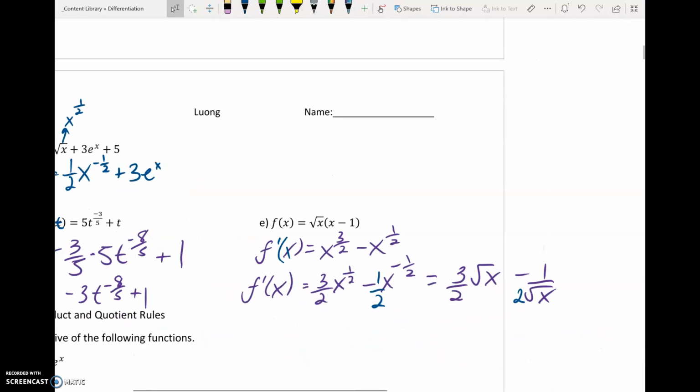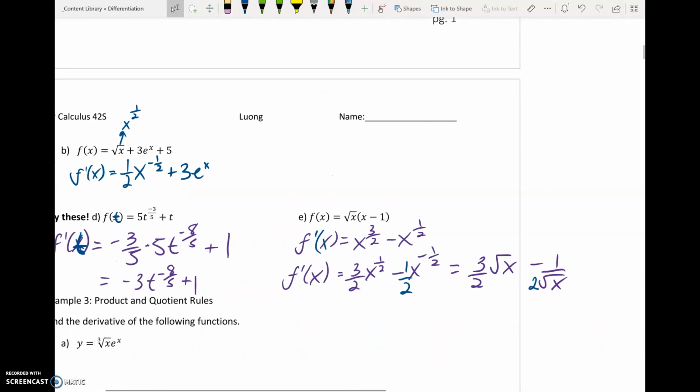And then for e, we're going to bring this root x and multiply with the x and the negative 1, and this is what you're going to get. Bring the 3 over 2 to the front, subtract 1 from the exponent, bring the half to the front, and then subtract the exponent by 1, and then that's what you're going to get. If you want to change everything to radicals, that's going to be your final answer.